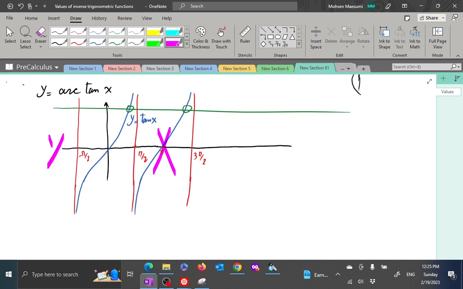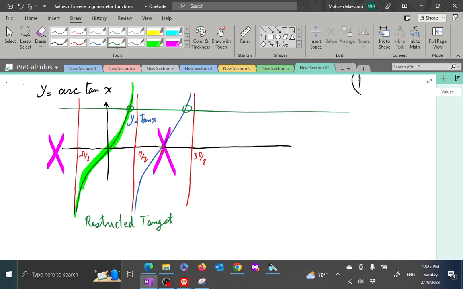tile and the tile before that, and the restricted tangent is going to be this. The central tile is going to be our friend. So this is going to be the restricted tangent function.